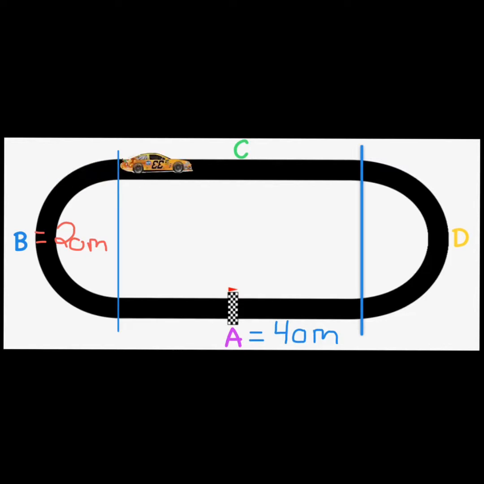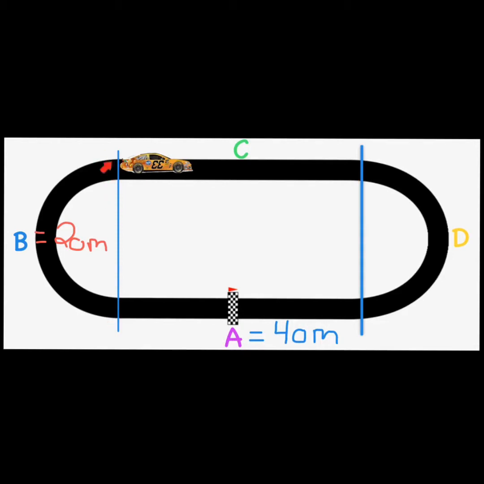Now the car needs to go from this blue line down the track to this blue line, and from here to here is the same distance as from here to here, because the lines go straight down through the track the same way on both sides.